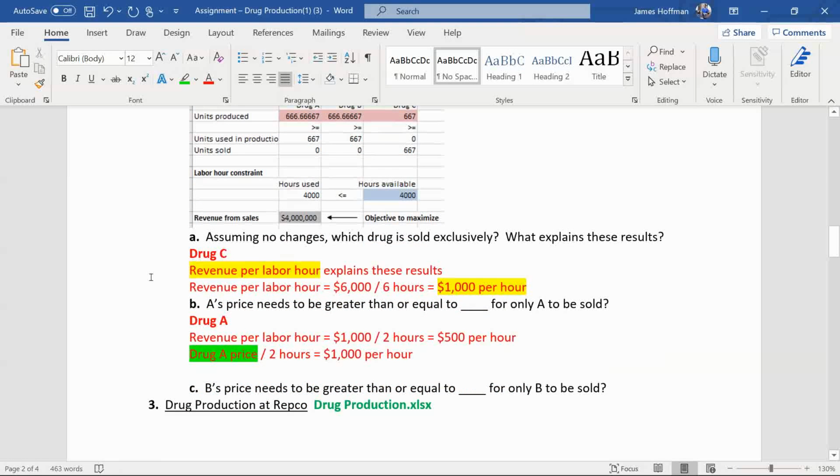What does drug A's price have to be to give us $1,000 per hour? Yeah, 2,000 is the correct answer that we got in the chat.